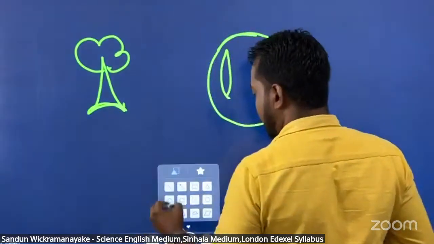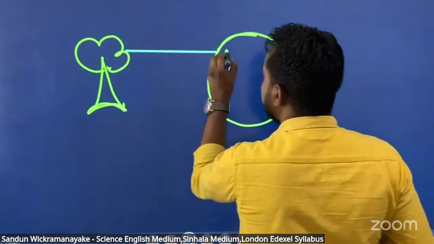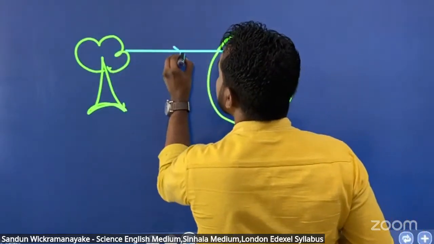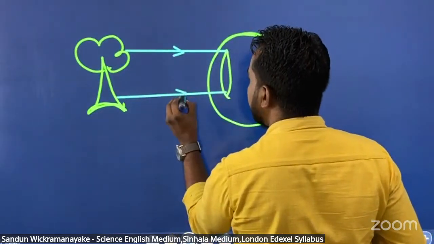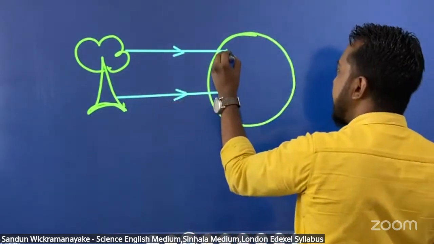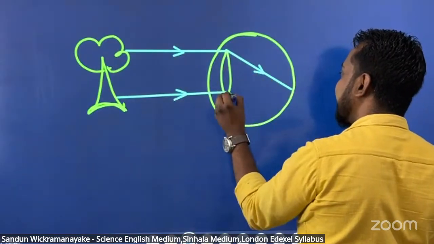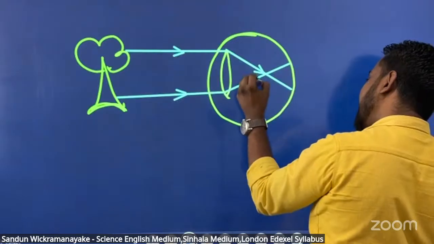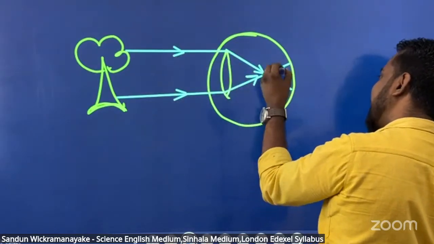The light rays come like this, and it enters the human eye and goes like this.